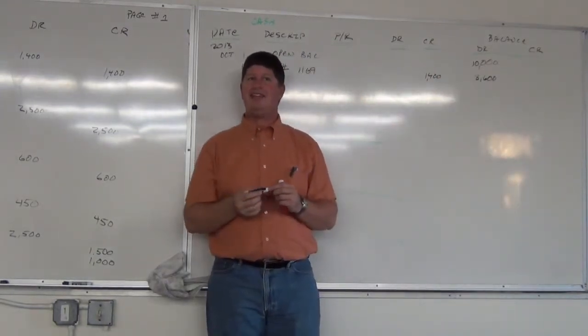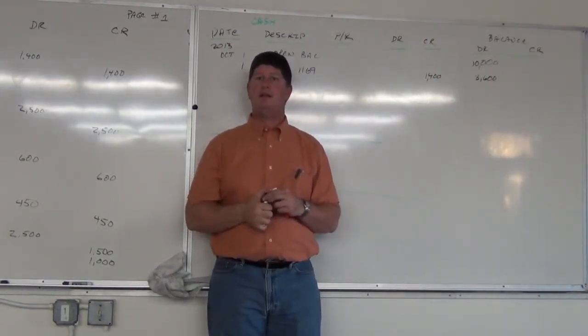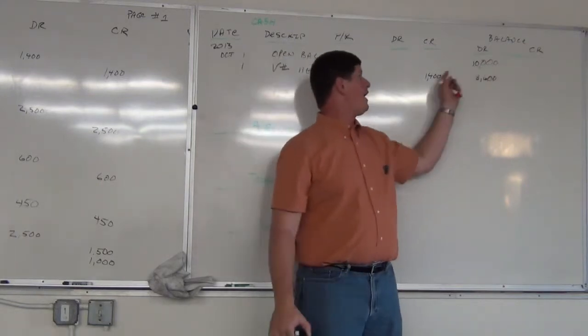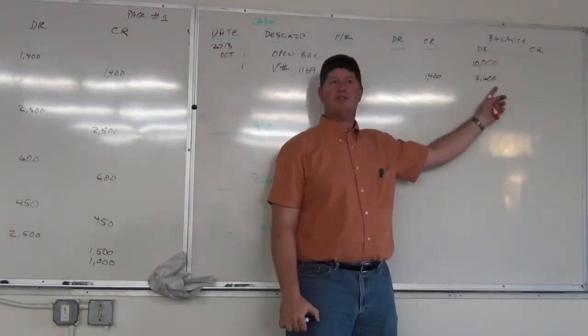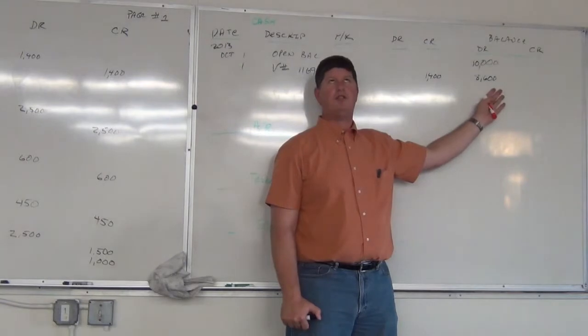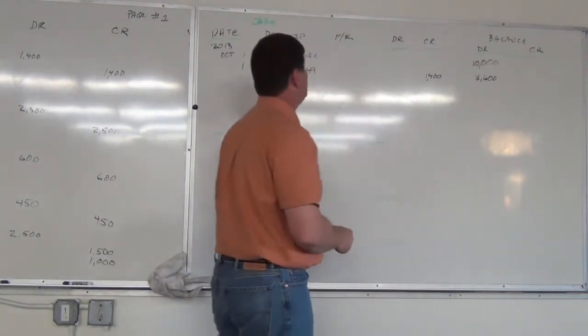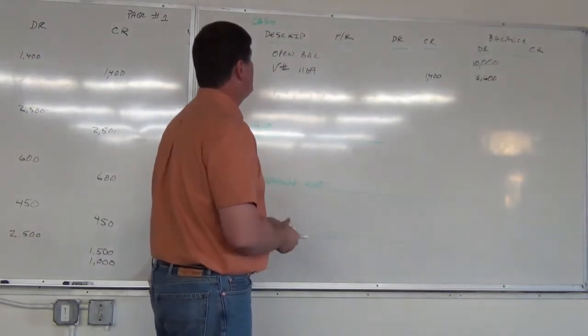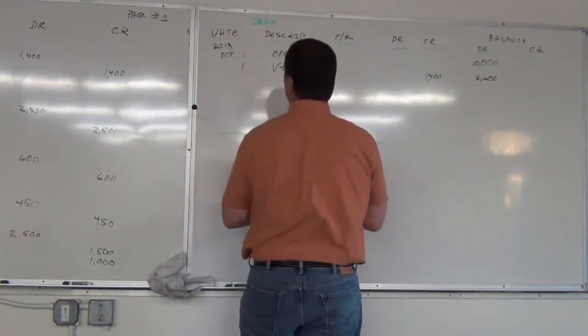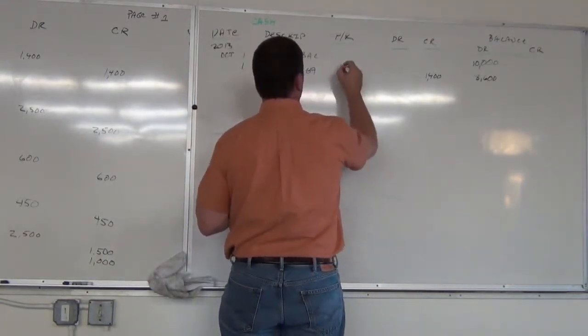It's still an ending debit balance, correct? Even though I'm subtracting from a 10,000, it's still a debit balance. Say it right. Good? Okay. Now here's the fun part. Posting reference. Where did it come from?